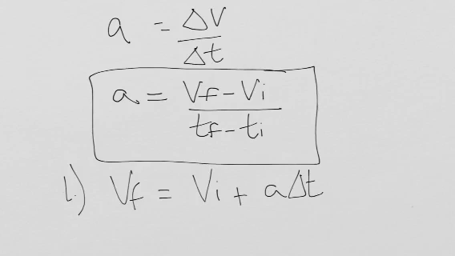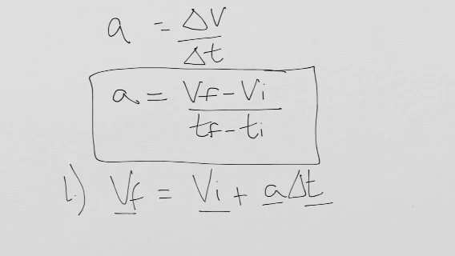So this equation is a really short one, and it's a really good one to use if you're looking for acceleration, if you're looking for time, if you're looking for final velocity or even initial velocity. It might be the shortest of the 4 equations.